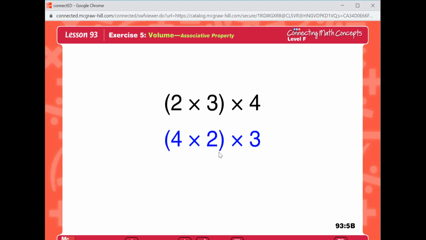What does 4 times 2 equal? 4 times 2 equals 8. And 8 times 3. What does 8 times 3 equal? 24.